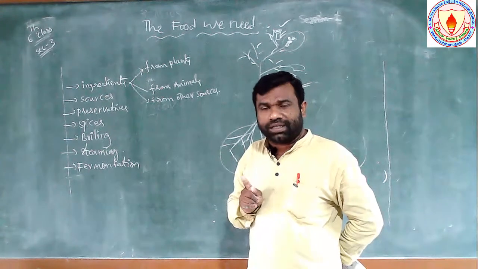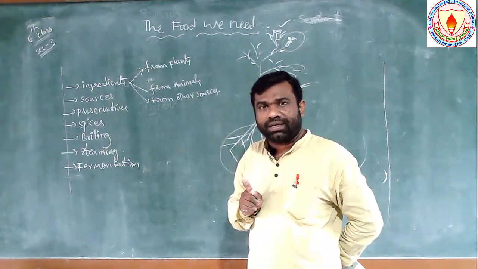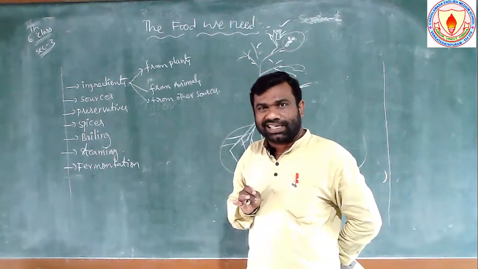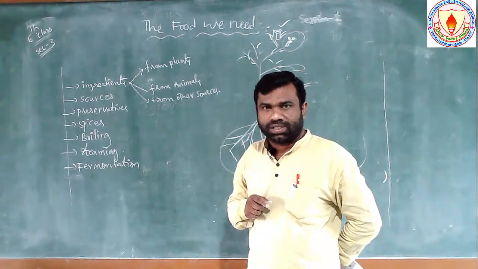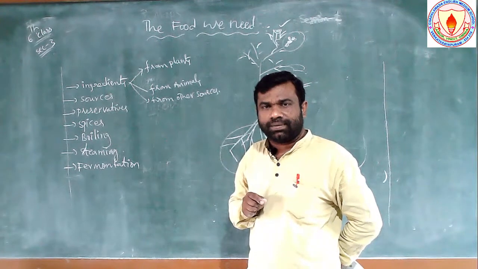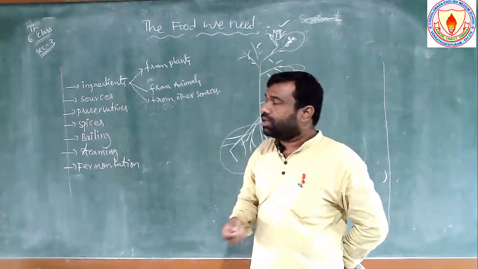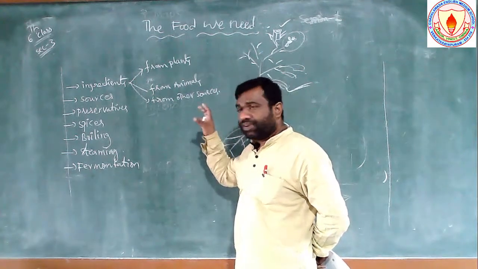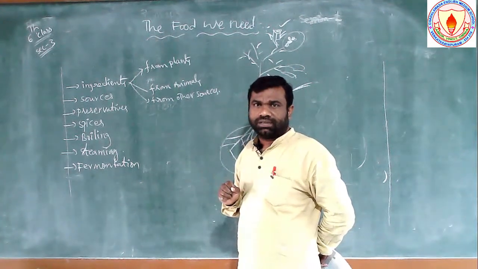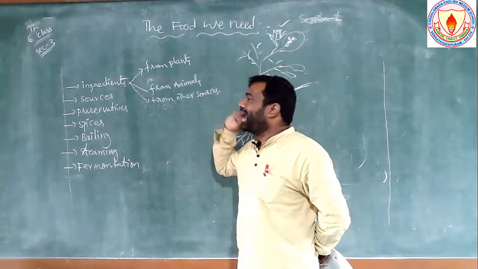By using milk we can prepare curd, cheese, ghee. Those are the products of the milk. So some ingredients we are taking from the animals and some from the plants.